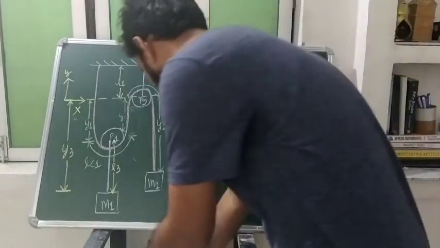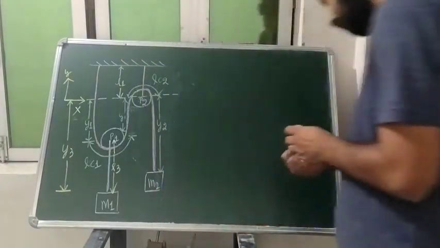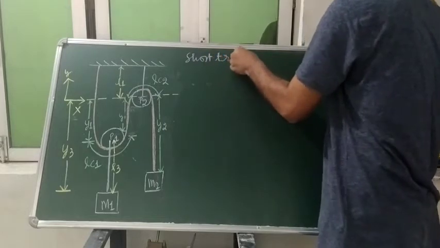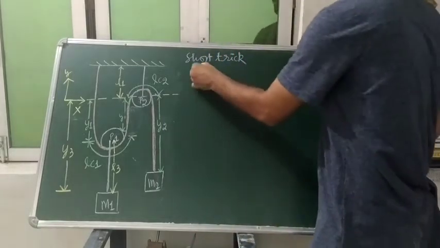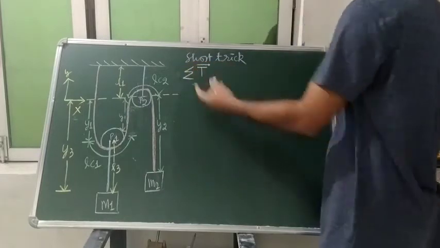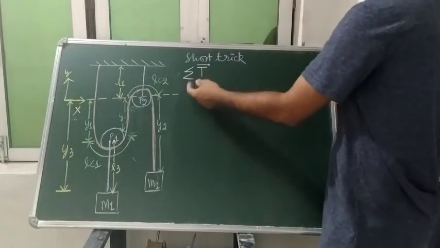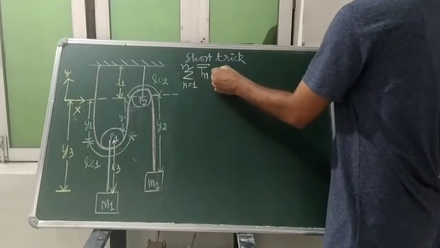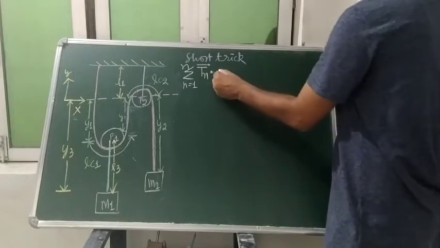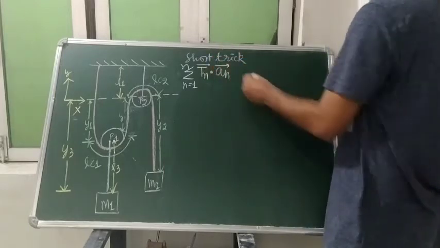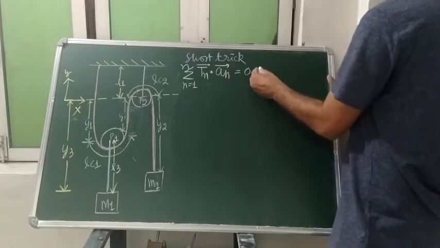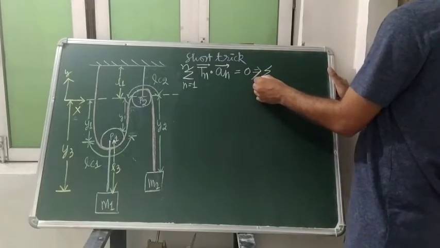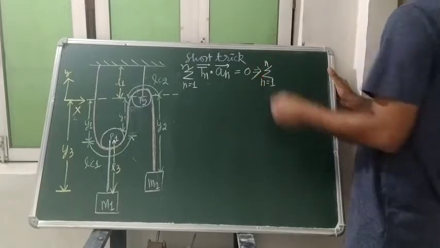Now students, we will look at that short trick method as well. The short trick says that the sum of the dot product, from 1 to n, of the tension vector and the acceleration vector should be equal to 0.